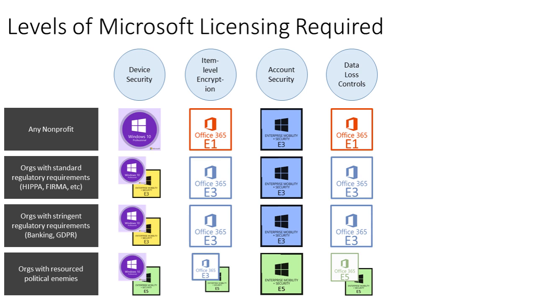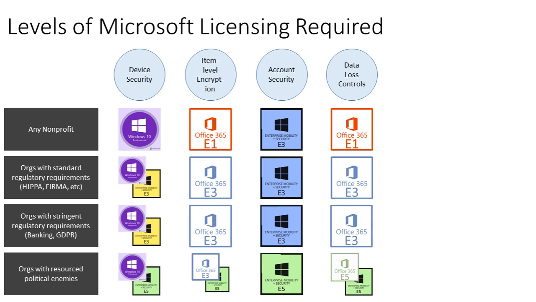Great for laptops. For item level encryption, you may not be that concerned about it, so you can just go with your Office 365 E1 license and be fine with that.